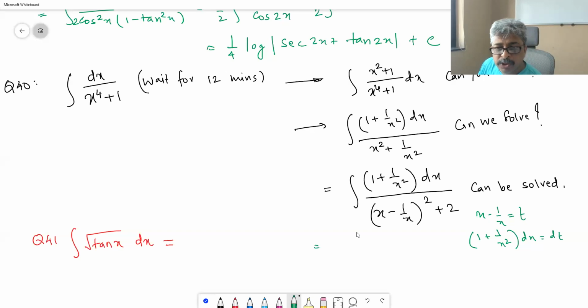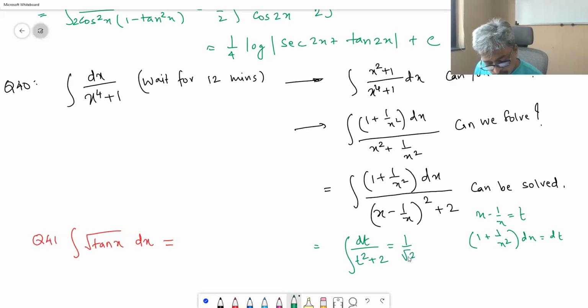Therefore, this reduces to dt upon t square plus 2 integral, which turns out to be 1 upon root 2 tan inverse t upon root 2. And if we replace t by this, that is what is our integral of x square plus 1 upon x4 plus 1 dx. However, this is not given to us.